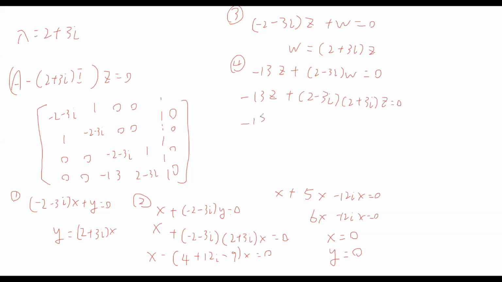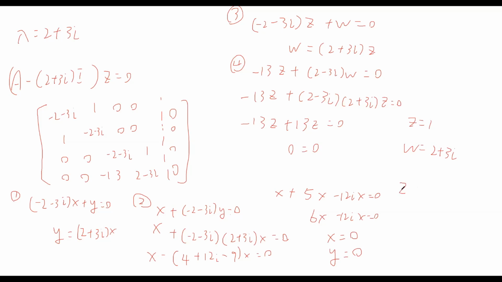So -13z, that'll give me plus 4 plus 9, 13z, is equal to 0. Right, so we get 0 equal to 0. That means we can pick z to be anything. And again, we want to pick the easy one. So pick z equal to 1. Then w is going to be 2 plus 3i.